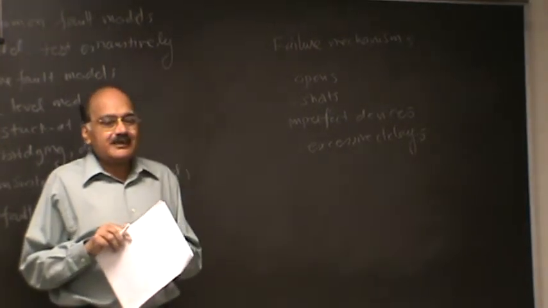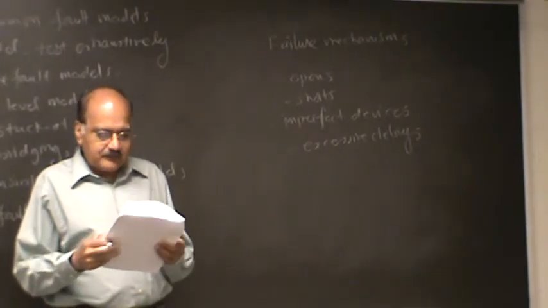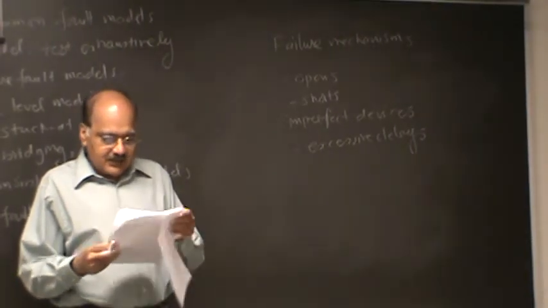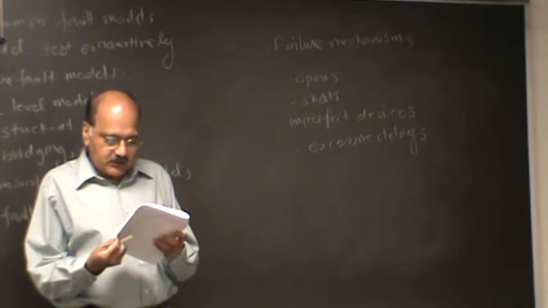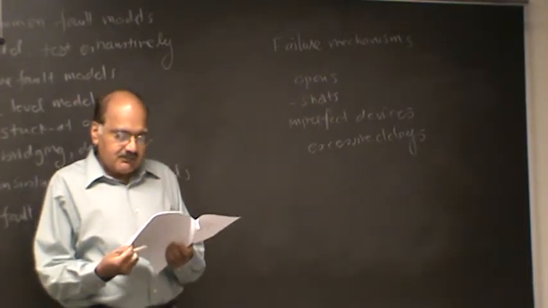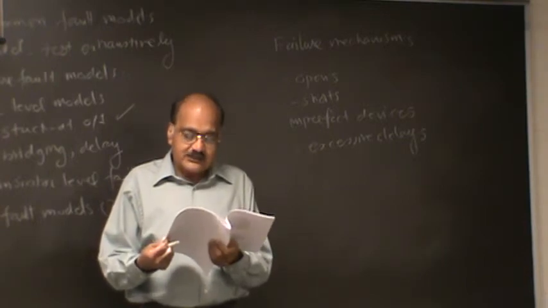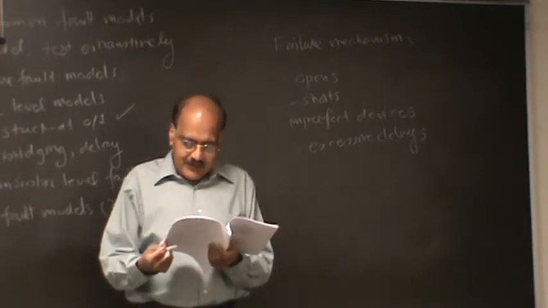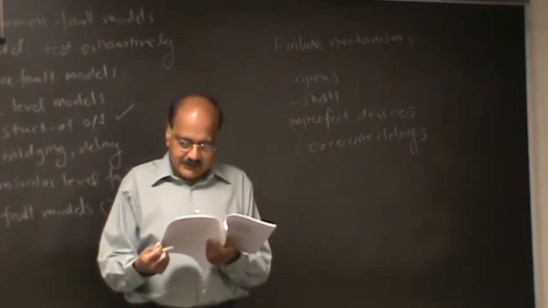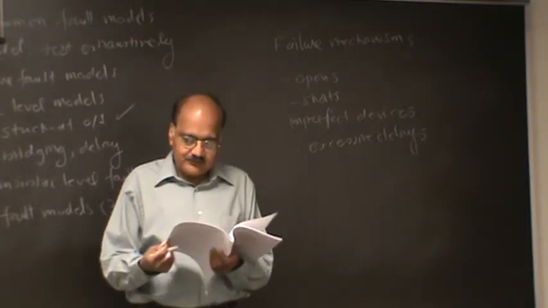So next time we are going to talk about the classical stuck at 0-1 fault model, and we will look at some assumptions, and we will look at the transistor level fault models.